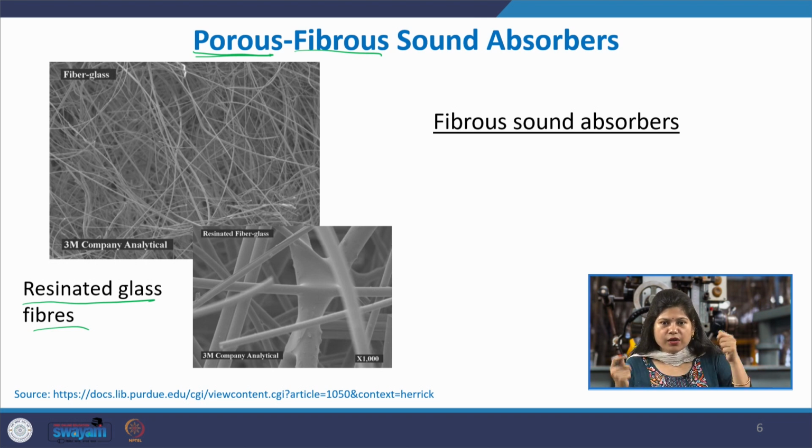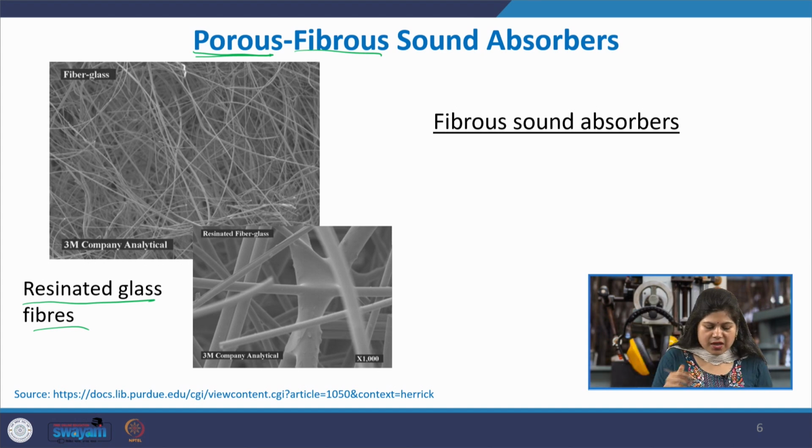So, in order for it to have some shape to hold on, sometimes you add resins or other kinds of adhesives to bond these fibers, so that the material can be formed into a layer of sturdy material. In resinated glass fibers also, you see that some of the fibers are bonded together here, but still there are some air spaces through which air can pass.